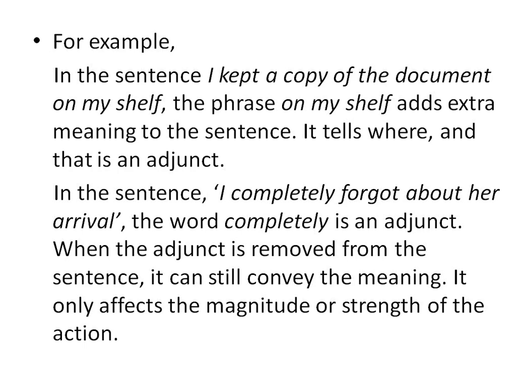So on my shelf is giving extra information. I may say I forgot about her arrival. The word completely is an adjunct. It's not the object, it's not the complement, it's the adjunct.